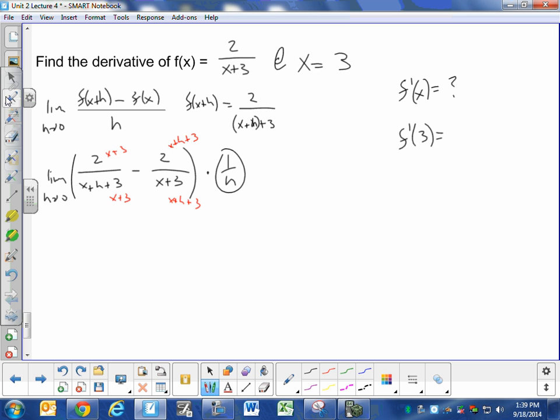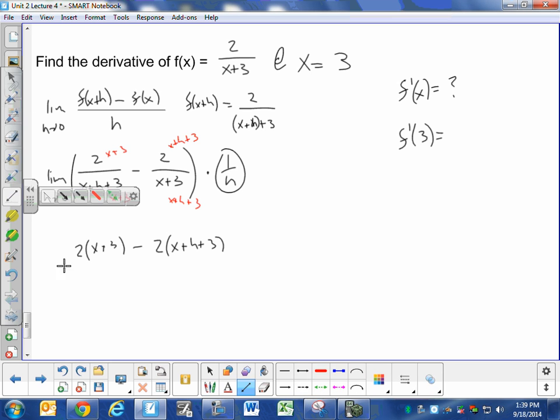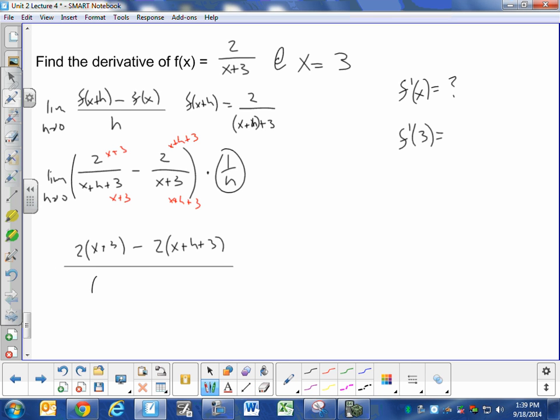Let's see what happens. I'll have 2 times the quantity of x plus 3 minus 2 times the quantity of x plus h plus 3, all over my common denominator now of x plus h plus 3 times x plus 3. This is all times 1 over h.